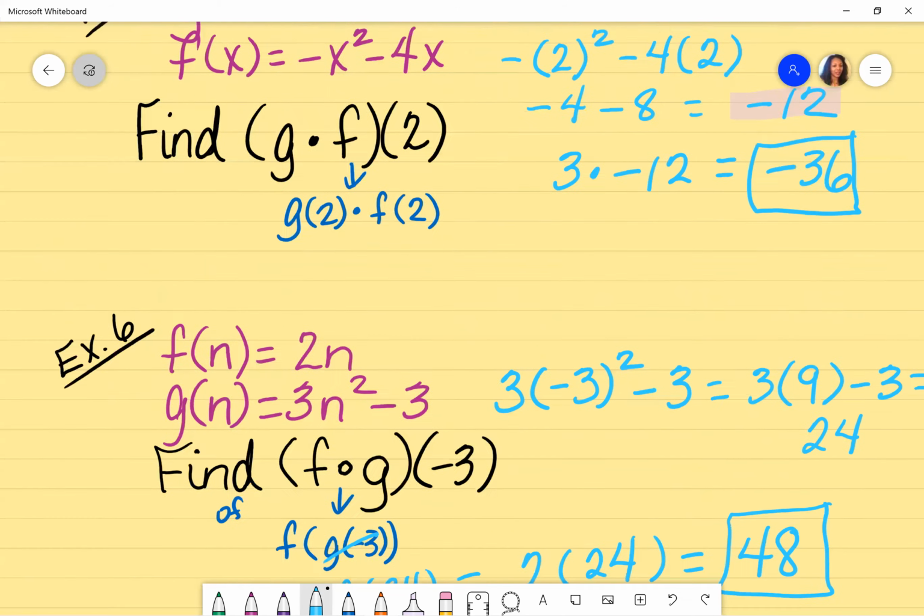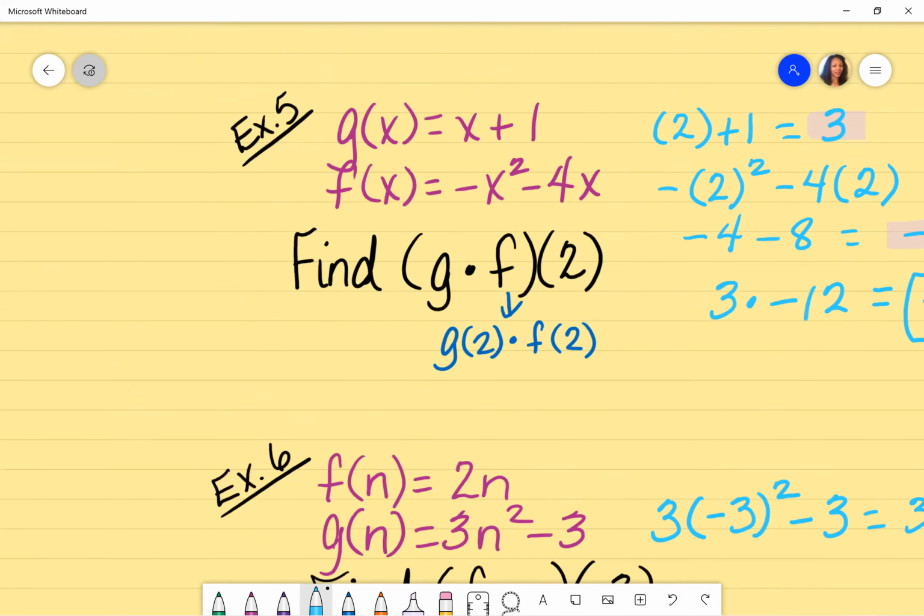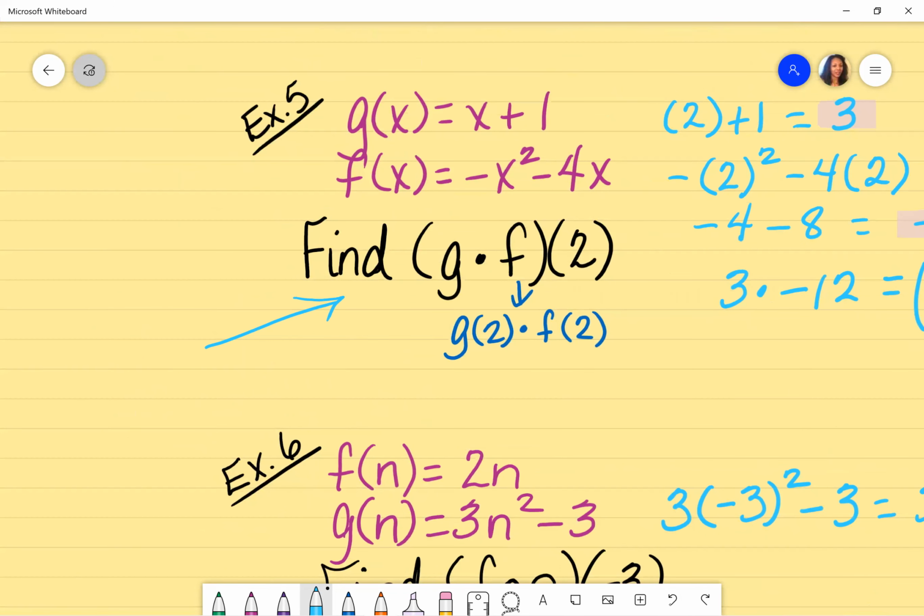So I did want to go back here and say that, yes, this particular example is talking about multiplication, but it could also be any operation. It could be written as g plus f of 2, which again would actually mean replace your g function with 2 and then add it to your f function that you're replacing with 2.